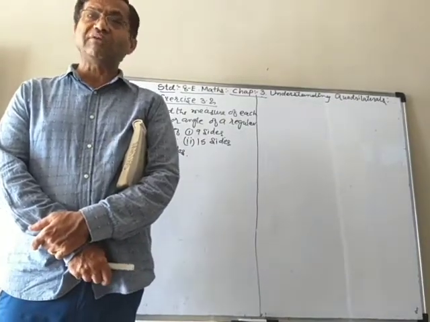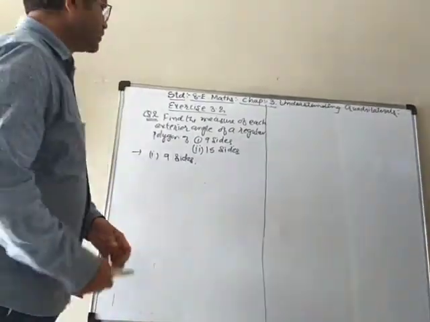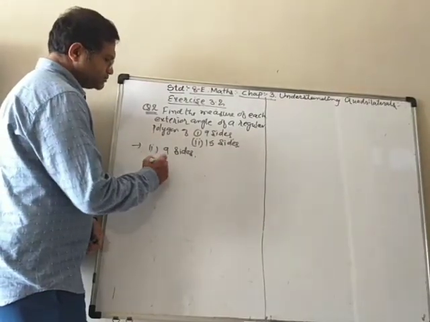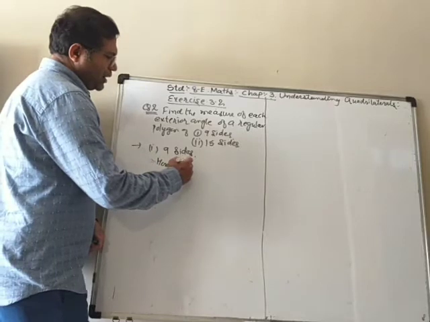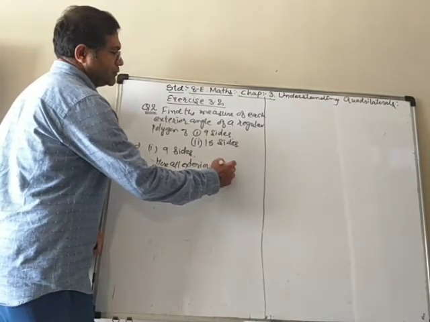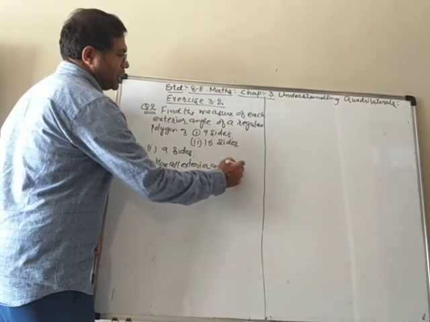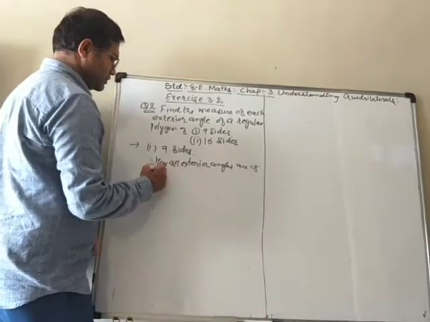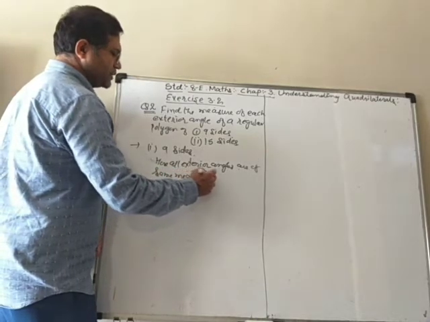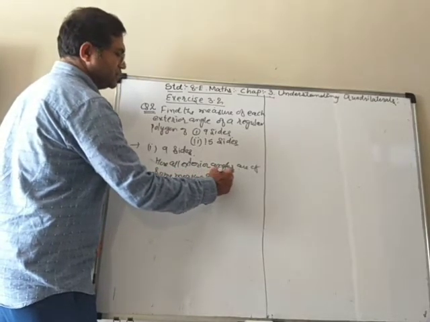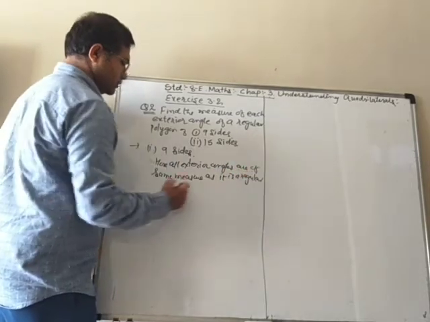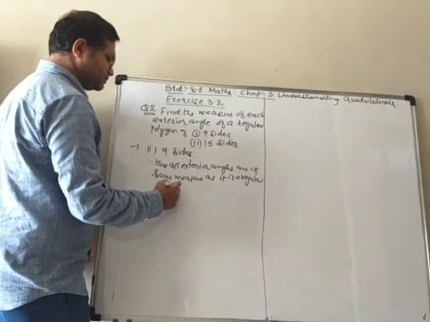So we have to divide it by the number of sides. So here all exterior angles are of the same measure as it is a regular polygon.